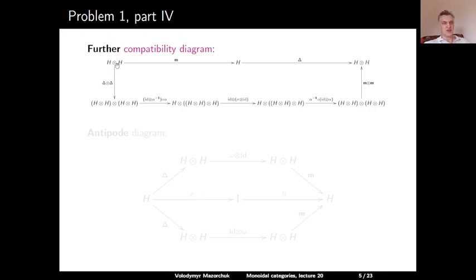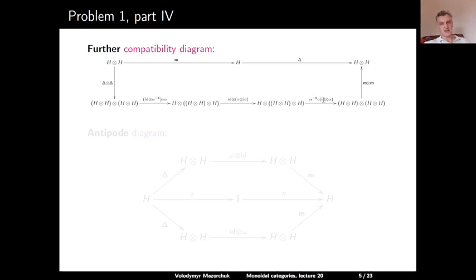So starting from H tensor H, we can multiply to H and then co-multiply back to H tensor H. Alternatively, we can co-multiply on both components to go to H tensor H tensor H tensor H. Then we use the associator to rearrange the brackets so that we have in the middle H tensor H, to which we apply our symmetric braiding sigma. So this is the place where the symmetric braiding sigma is used. So this is important for this definition.